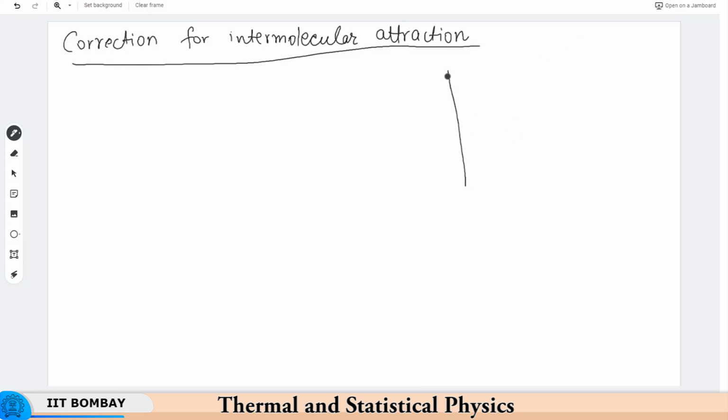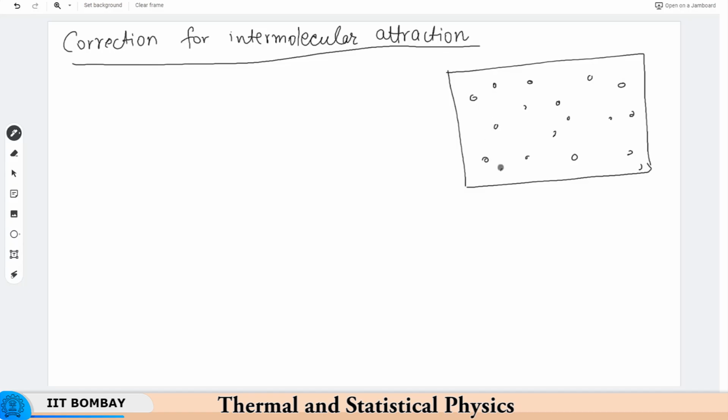So let us try to visualize this. Say you have these many gas molecules in this container. And like we saw, these gas molecules, since they can act as dipoles, undergo some attractive interaction. A molecule sitting inside the container somewhere in the middle, on average, experiences an attractive force equally from all directions.